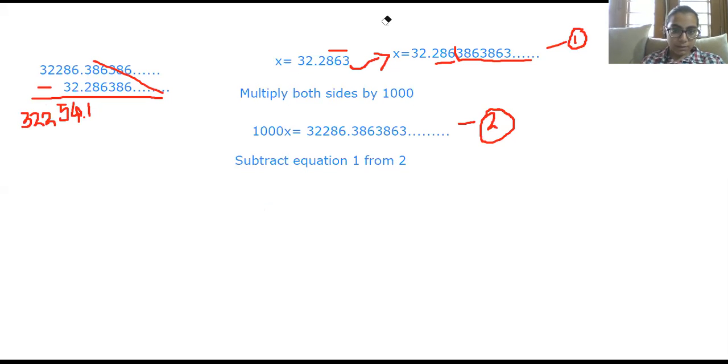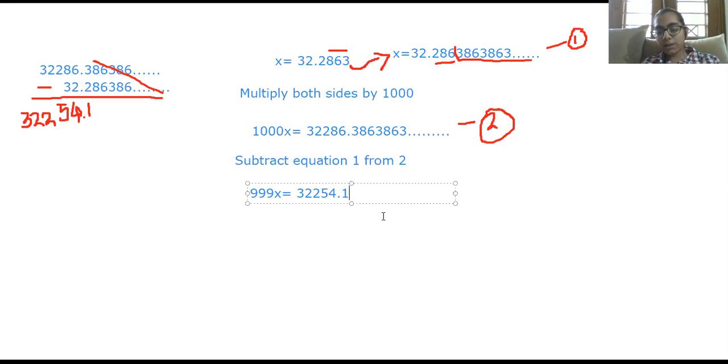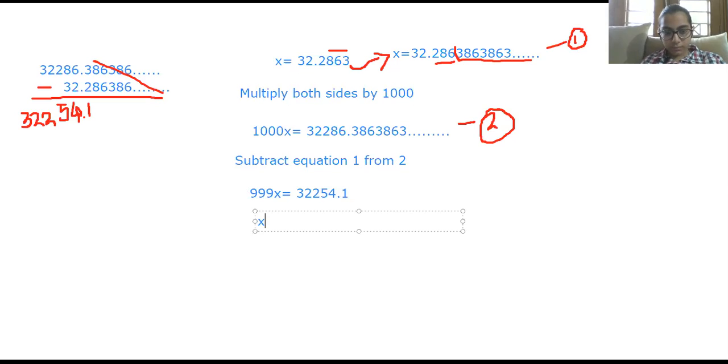So simply, what do you get? 999x equals 32254.1. Now just remove the decimal, 10 will be there, and take that 999 to the other side. What do you get? 322,541 upon 9990.